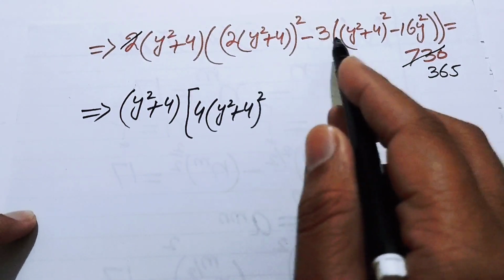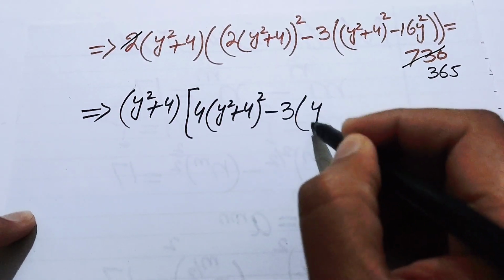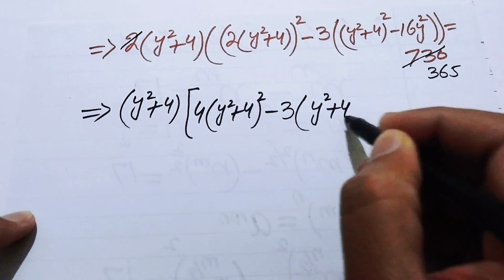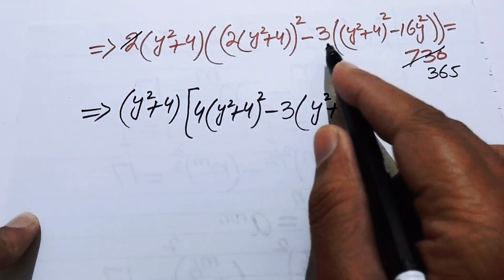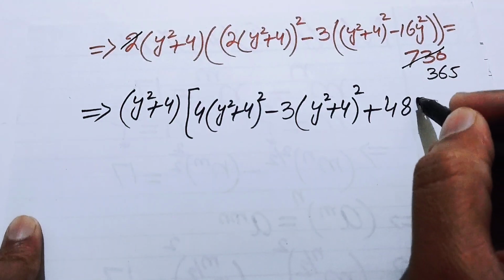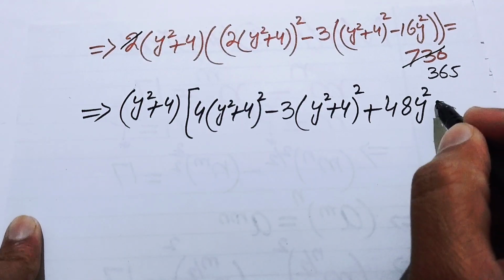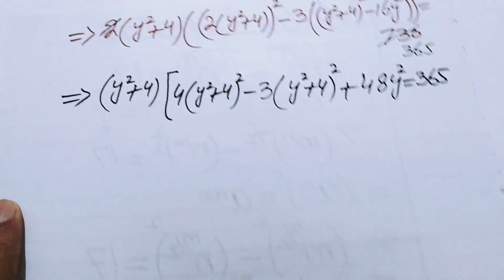Now we multiply the 3 on both of the terms, and you will get minus 3 times y squared plus 4 and its whole square, plus we have 3 times 16 equals 48 times y squared, and this whole equals 365.